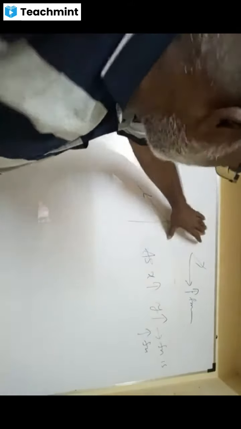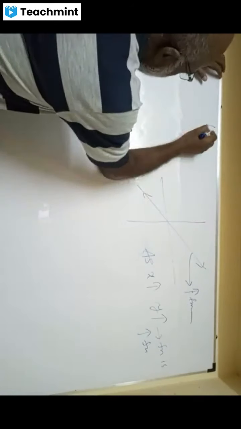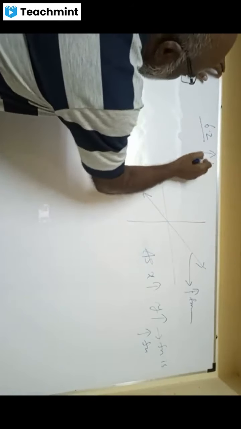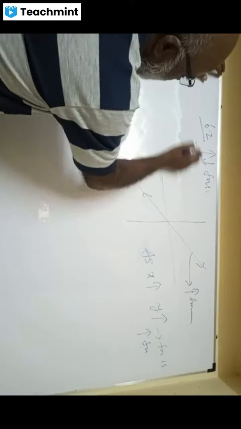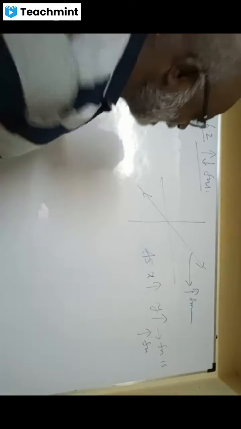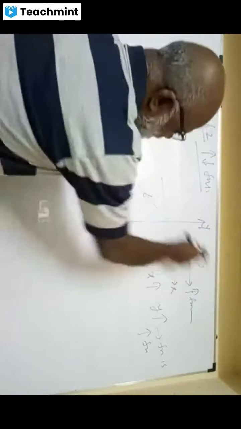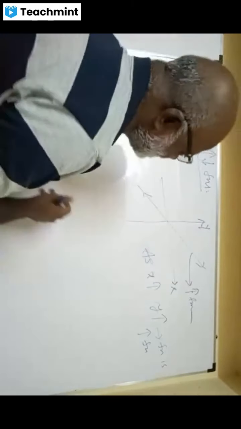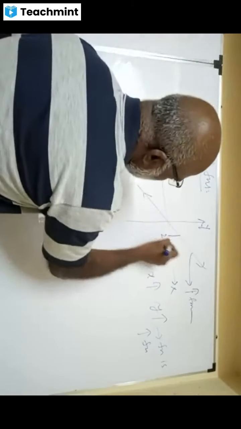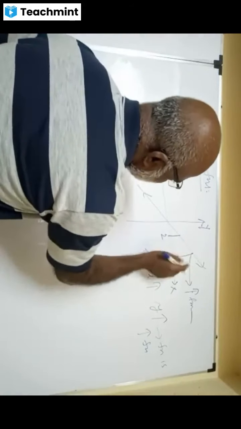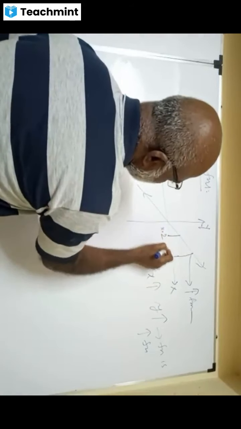Let us look at this now first. 6.2 increasing and decreasing functions. Suppose I take a straight line. This is x equal to 2 and this is x equal to 3.